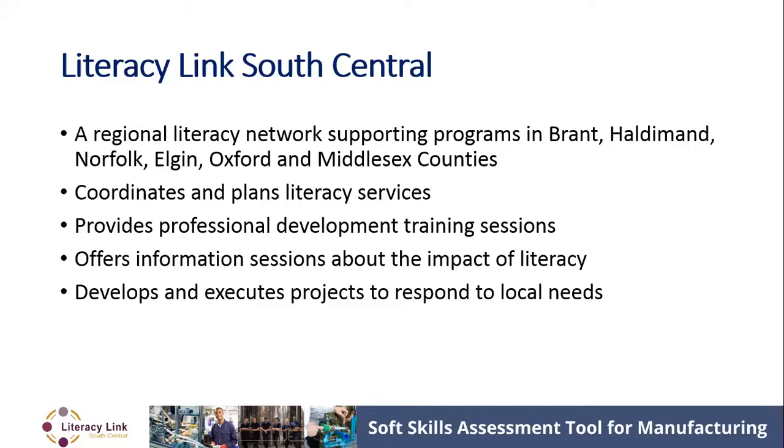We're responsible for coordinating and planning literacy services in those areas, providing professional development for literacy professionals, sharing information about the impacts of literacy skills on employability, independence, educational attainment, and a lot more. One thing you'll always find us doing is running projects that specifically address current needs in the communities we serve. And that's where our soft skills assessment comes in.